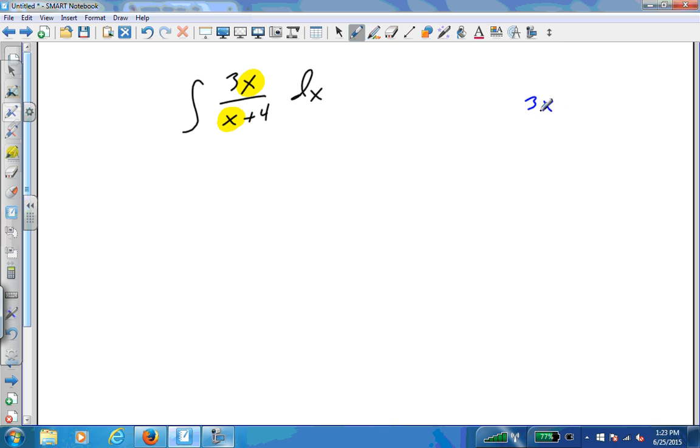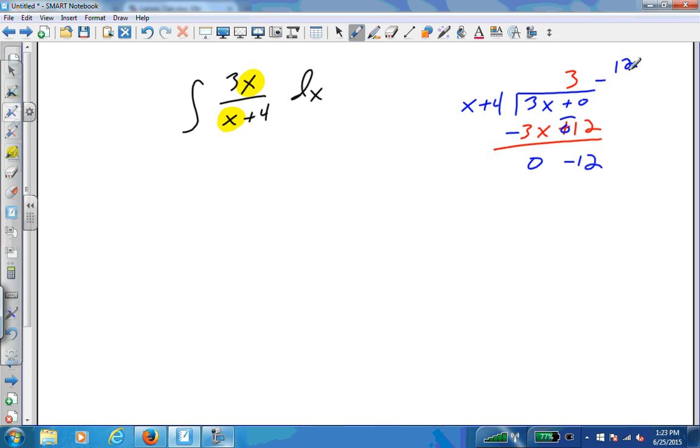So we're going to take 3x divided by x plus 4. So x goes into 3x 3 times. 3 times x is 3x. 3 times 4 is 12. We're subtracting, so do the opposite sign, so 3x minus 3x is 0. 0 minus 12 is minus 12, so that's our remainder.